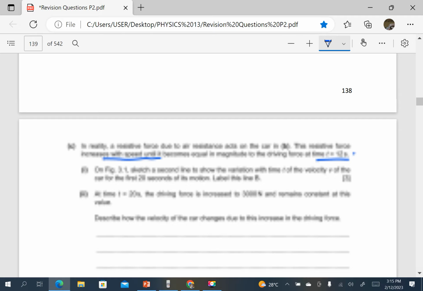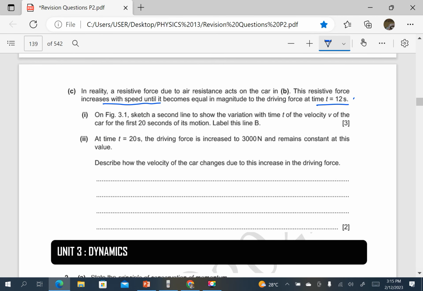Okay, describe how the velocity of the car changes if at time t equals 20 seconds the driving force is increased to 3,000 newtons and remains constant at this value. Remember, initially the driving force was 2,400, but at 20 seconds the driving force is increased to 3,000 newtons.